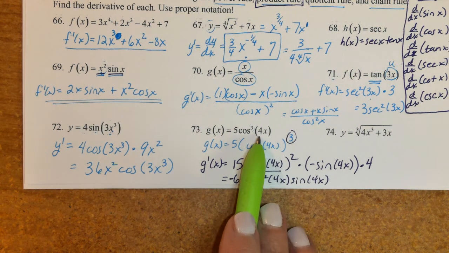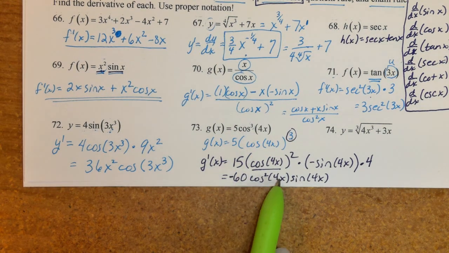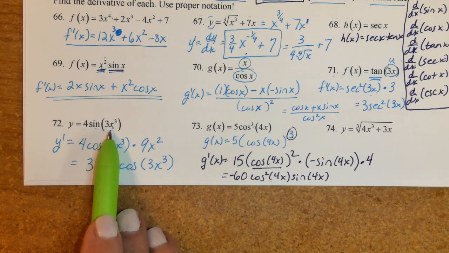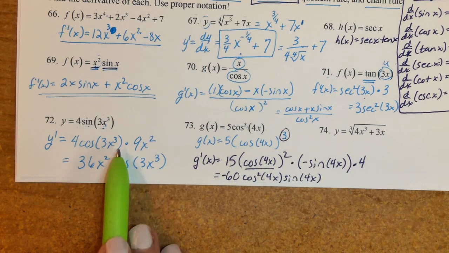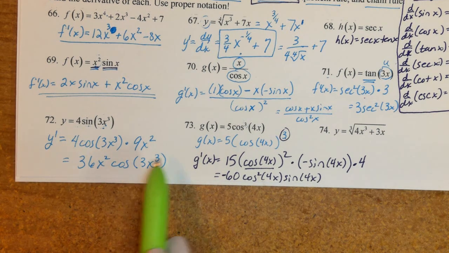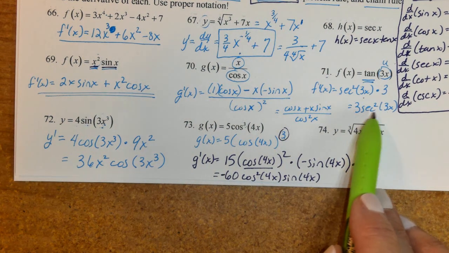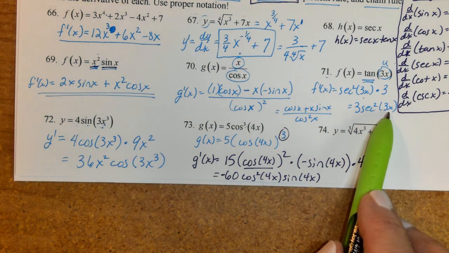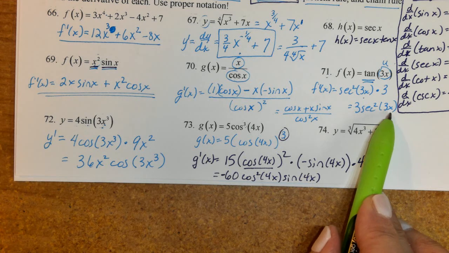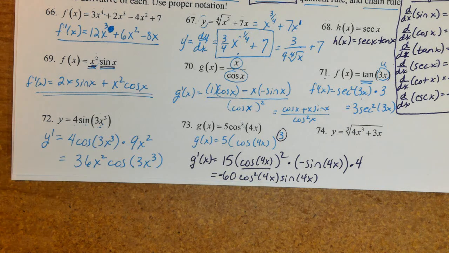We started with a cosine of 4x, and every argument of a trig function is 4x. Here we started with 3x cubed as our argument, and our answer had 3x cubed as the argument. Same thing over here. Tangent of 3x, secant squared, 3x. The argument will always stay the same. Don't change your argument in these.